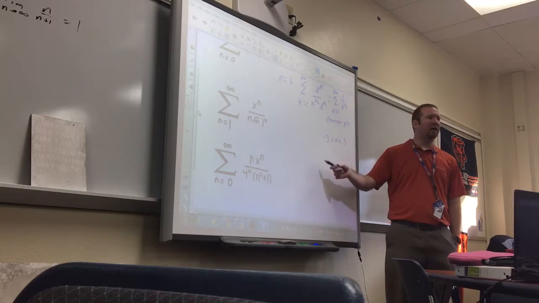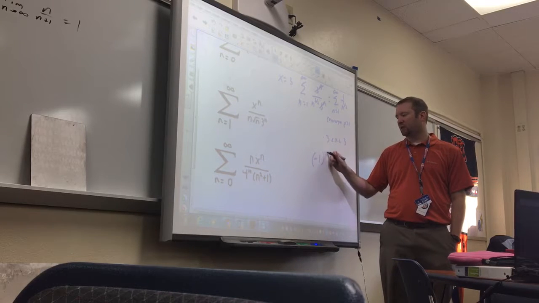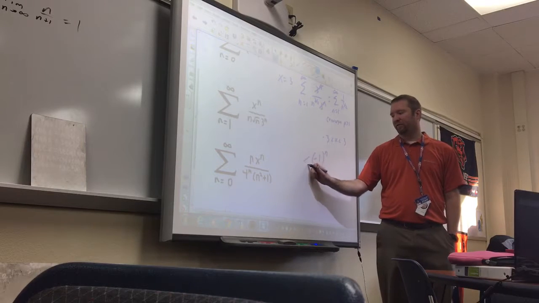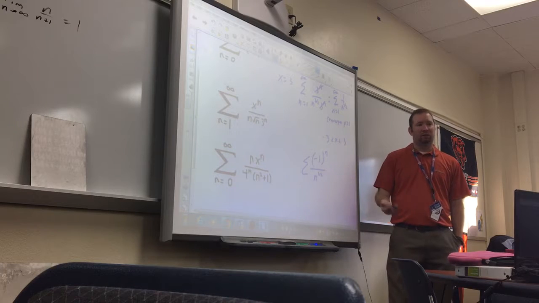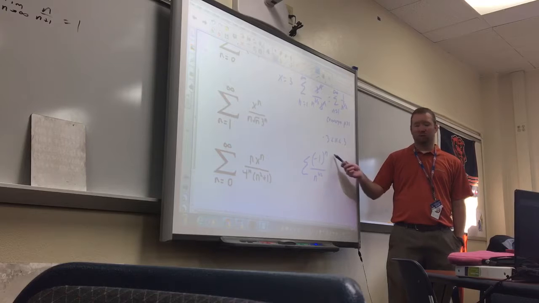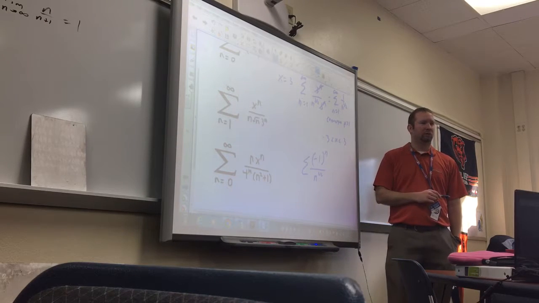But now let's check -3. When we check -3, we should get the series (-1)^n over n^(1/2). Okay? Which again, when I test it for absolute convergence, would be the series 1 over n^(1/2), which diverges, okay?